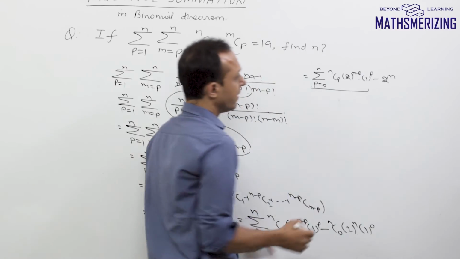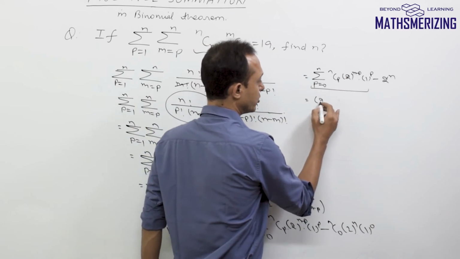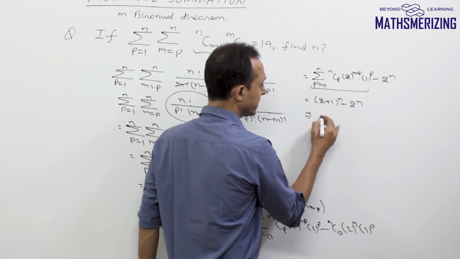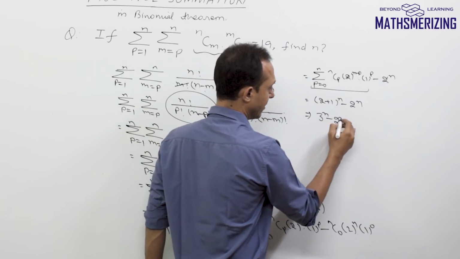Now this is nothing but the expansion of a plus b to the power n. So I'll write it as 2 plus 1 to the power n minus 2 to the power n. So the answer to this series will be 3 to the power n minus 2 to the power n.